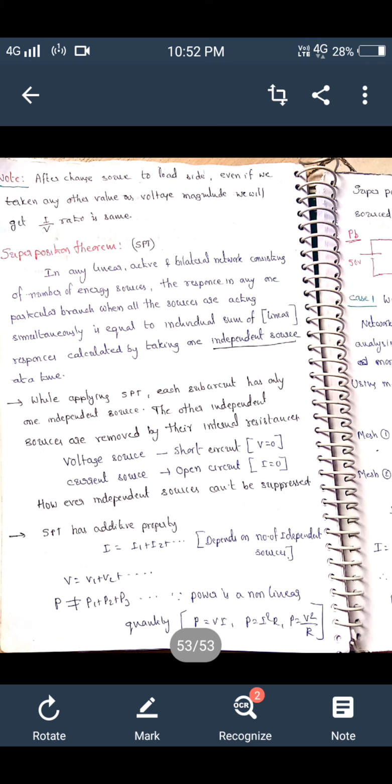Why? Because the theorem statement says that because of all the sources, the response is equal to the linear sum of individual source responses. That's why, if you want to calculate any branch current, we apply each and every source separately, and with that we calculate the response.